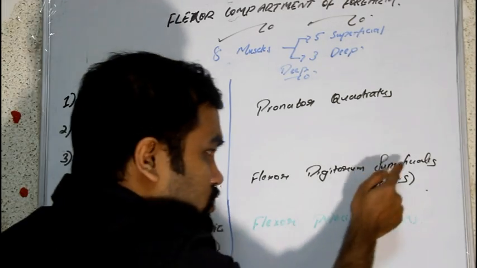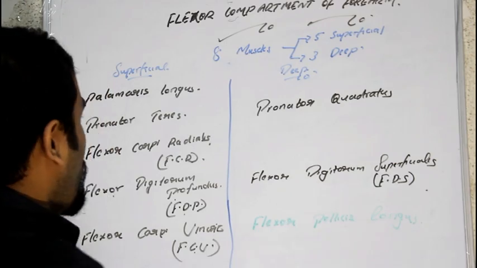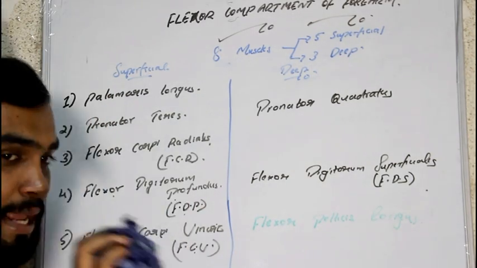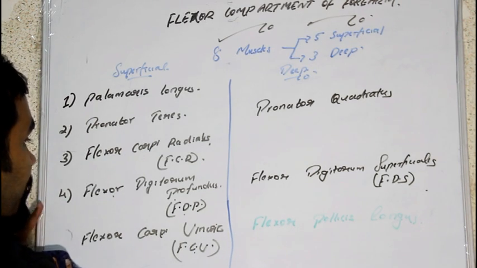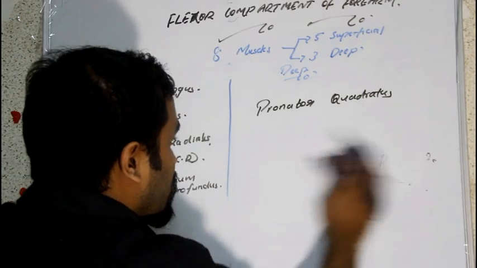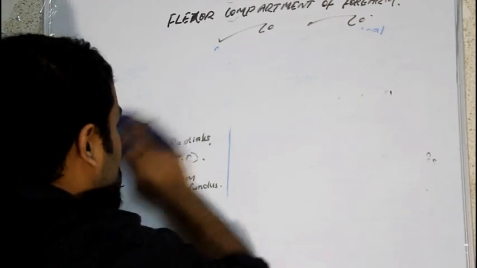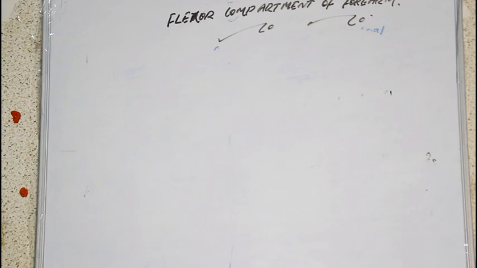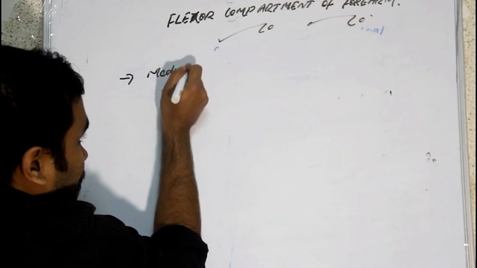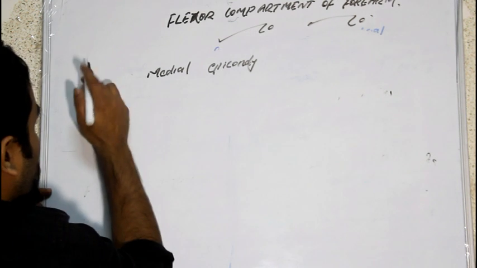All these muscles, as I told you in the first class, including flexor digitorum profundus and flexor digitorum superficialis, originate from the medial epicondyle of humerus.